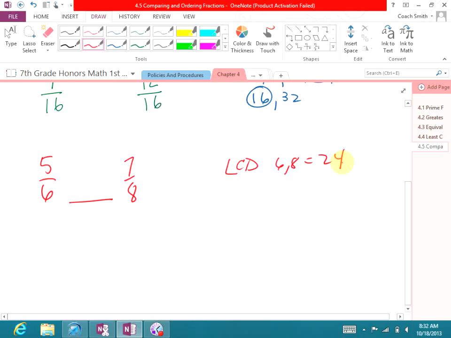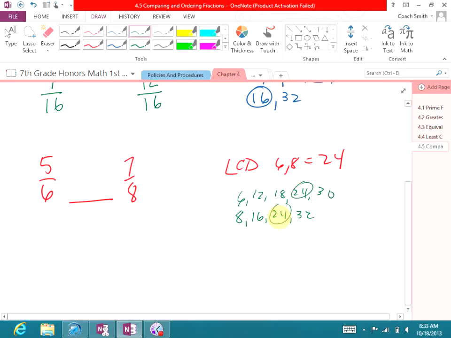Now, if you don't know how you get that, if you can't just see it, there's two ways to basically do it. With a lot of these fractions, you can do it by counting by the numbers like we did on the first one. 6, 12, 18, 24, 30. You count by 8: 16, 24, 32.